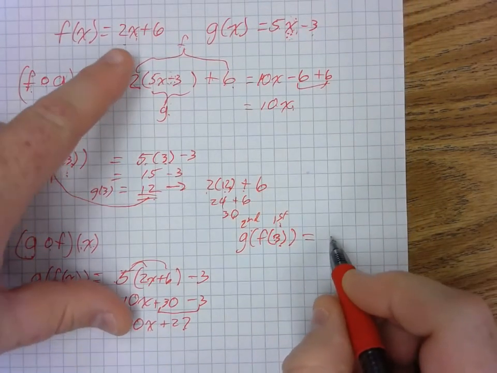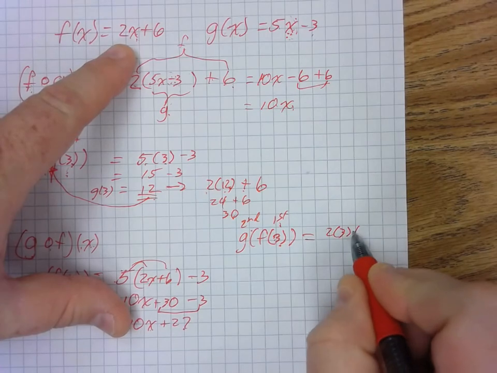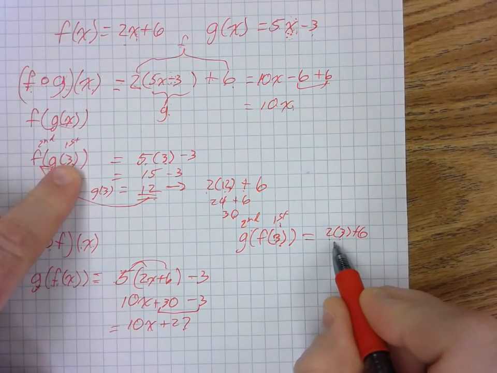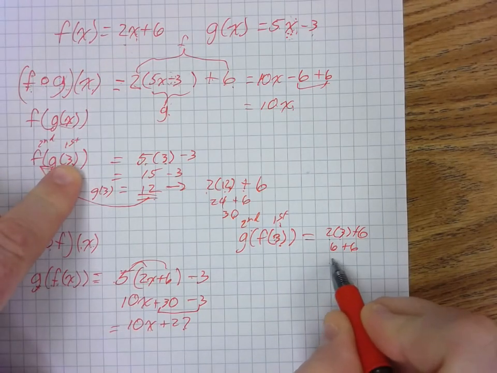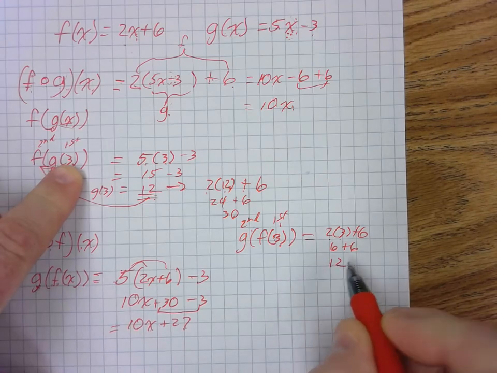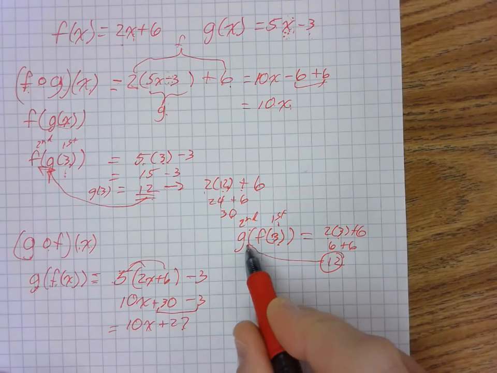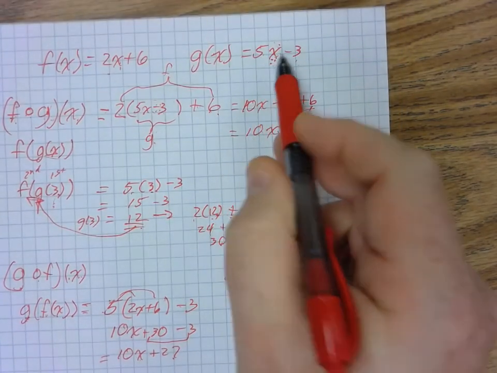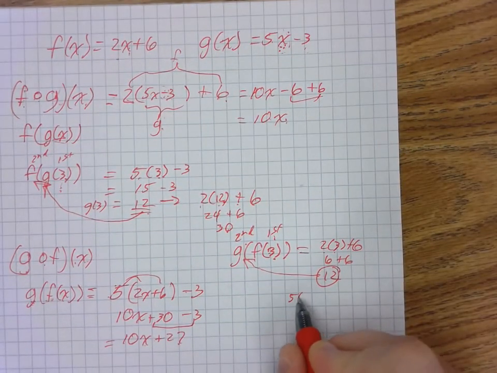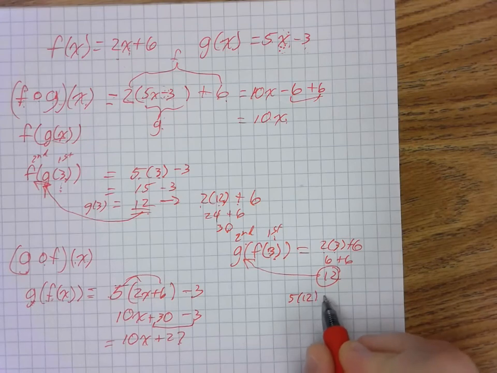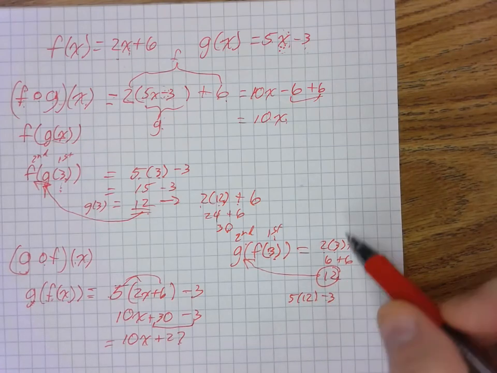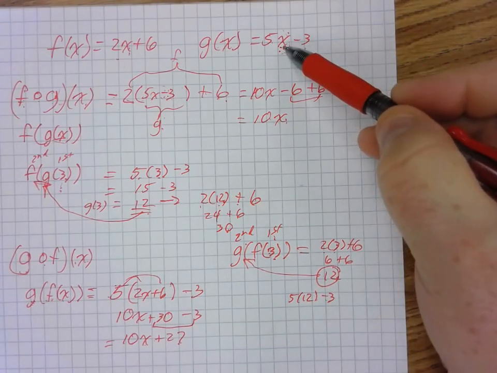So function f is 2 times 3 plus 6, and then 2 times 3 is 6 plus 6, and 6 plus 6 is 12. So we're going to take this 12, and we're going to input it into g. So 5 times 12 minus 3. So the output of one becomes the input of the next one.